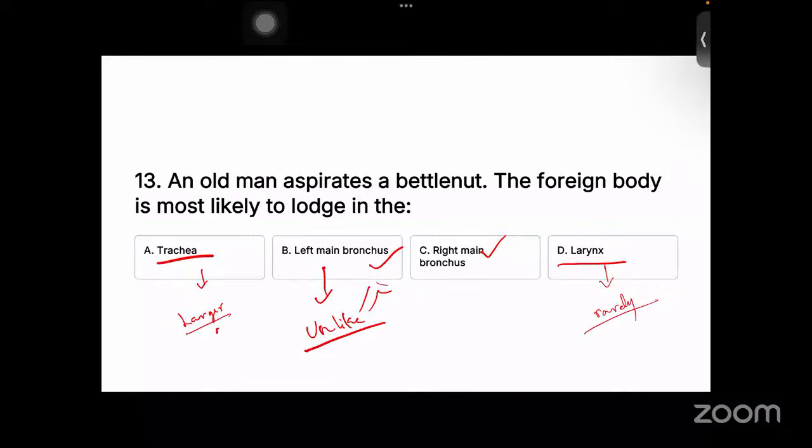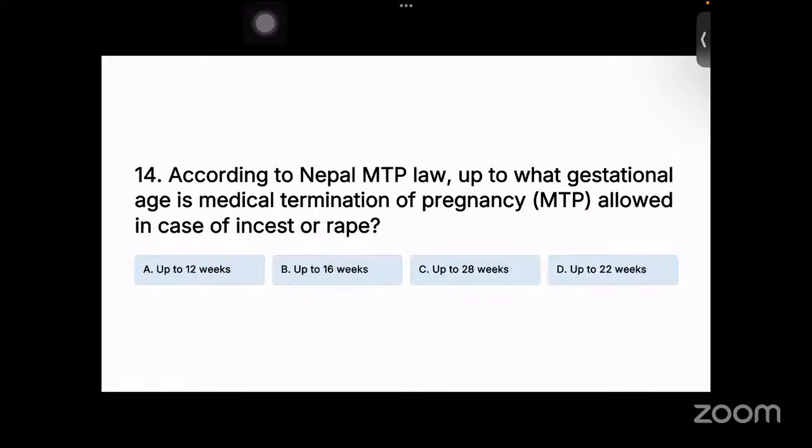Okay, let's move on to the next question. According to the Nepal MTP law, up to what gestational age is medical termination of pregnancy allowed in case of incest or rape? In case of incest or rape, up to 18 weeks is allowed, but here we don't see the option of 18 weeks.